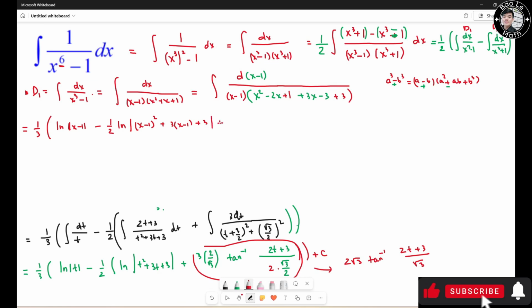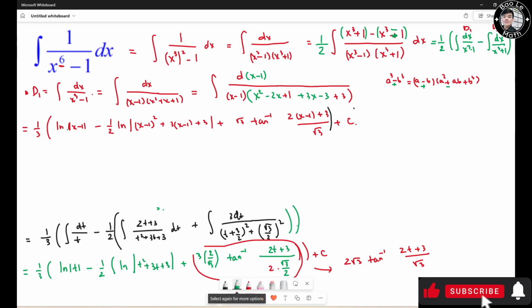And then plus 2 root 3 tangent inverse of 2 times s minus 1 plus 3 over root 3 plus c, right? Now I distribute 1/2, so this turns out to be 1/2 multiplied by this, and then this turns out to be root 3 only, right?